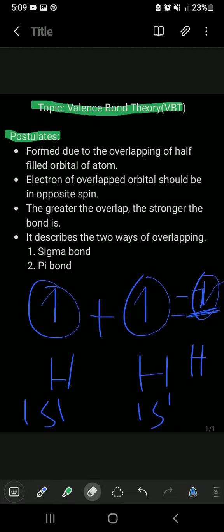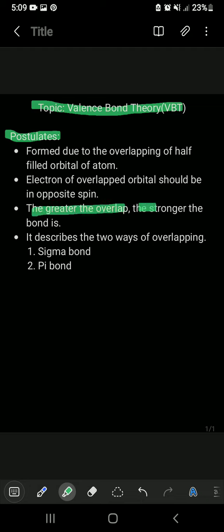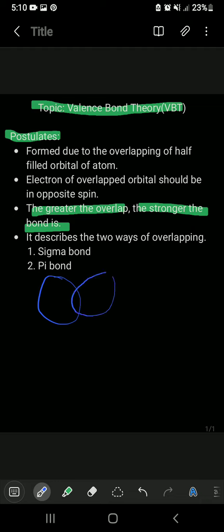Here it is written, the greater the overlap, the stronger the bond is. In the s orbital, which we have taken, the s orbitals overlap less.